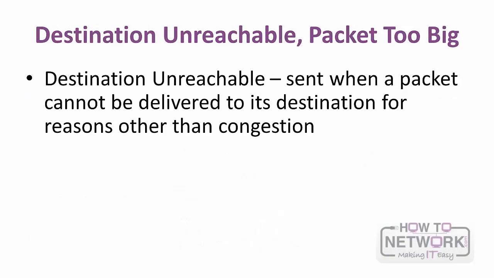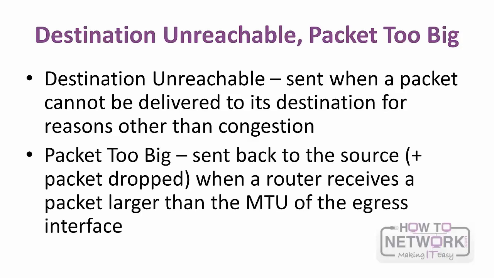An ICMPv6 destination unreachable message is sent when a packet cannot be delivered to its destination for reasons other than congestion. A significant change to IPv6 is related to packet fragmentation and reassembly. IPv6 removed this task from the router, allowing only the source of the packet to perform fragmentation.